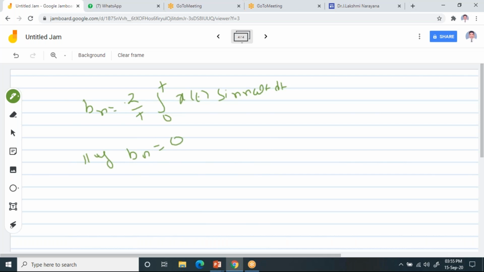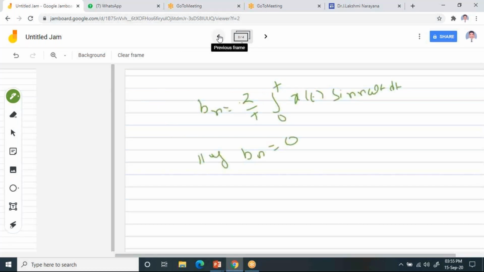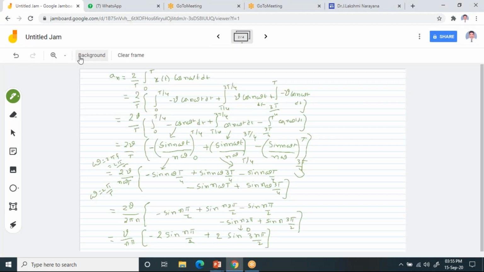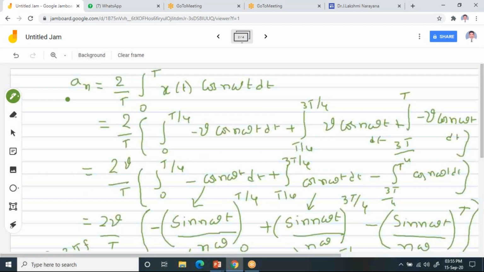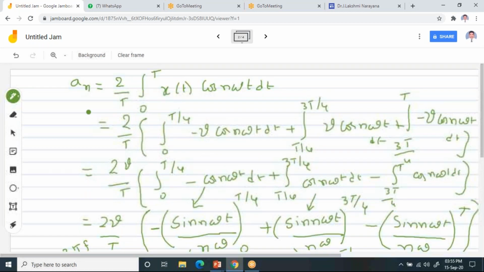So please try it. In the same lines that I did for an, just observe it. This is how you can do for bn also. In the place of cos, now you have to write sine. When you take the integral of sine, it becomes minus cos, and you need to apply all the limits.